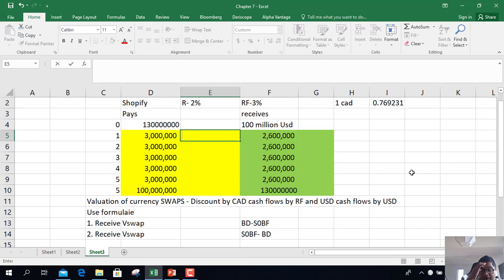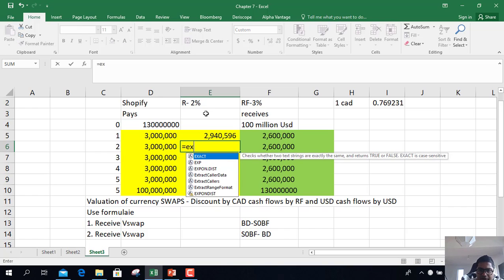We don't do present value, we discount it, right? We always use exponentials in derivatives. So 3 million, the cash flow, multiplied by exponential, negative sign for discounting, 2% risk-free rate into time.